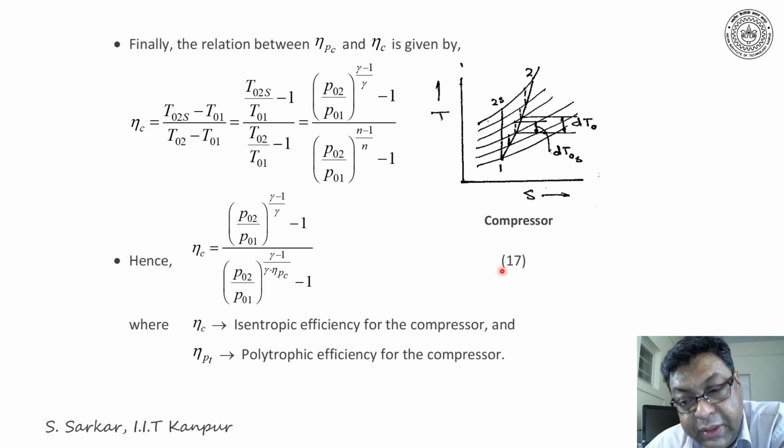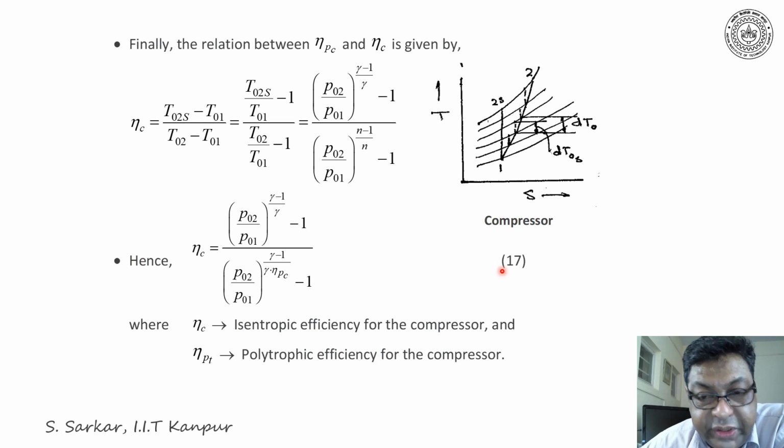With reference to the TS diagram, the compressor consists of a large number of elemental stages, and 1-2 is the actual overall temperature rise, where 1-2s is the isentropic temperature rise. Furthermore, dT0 is the actual temperature rise of an elemental stage, and the corresponding isentropic temperature rise is denoted by dT0s.